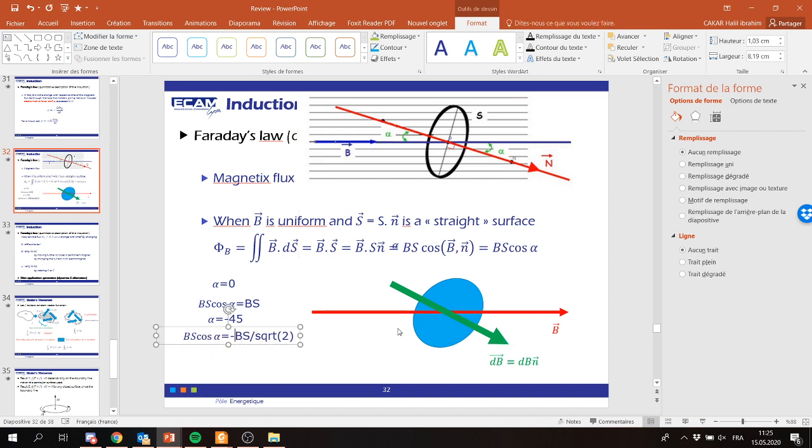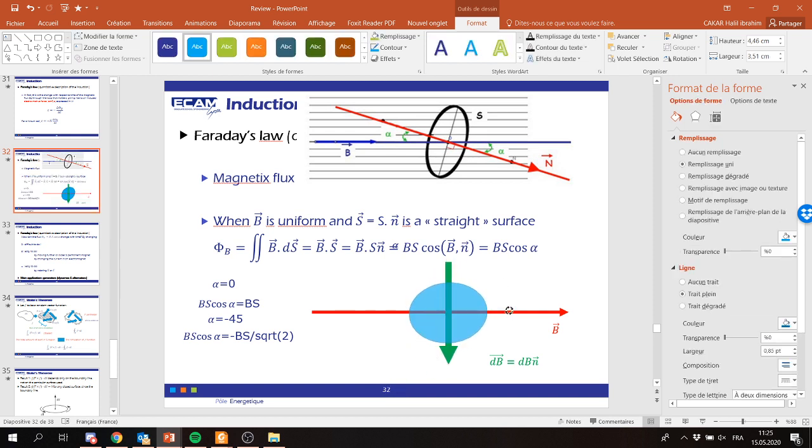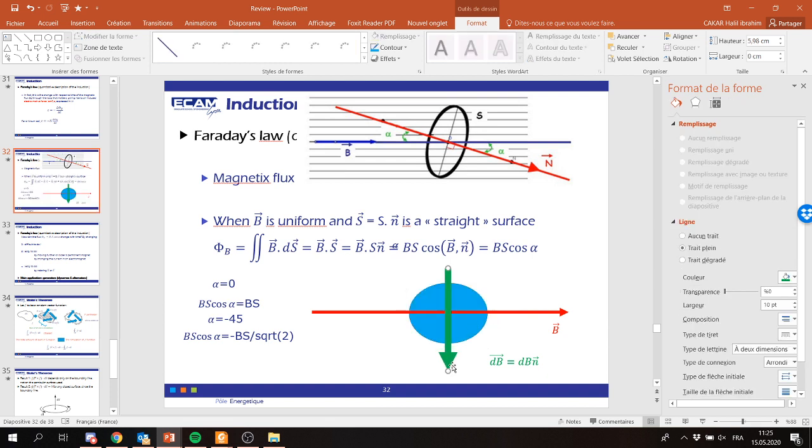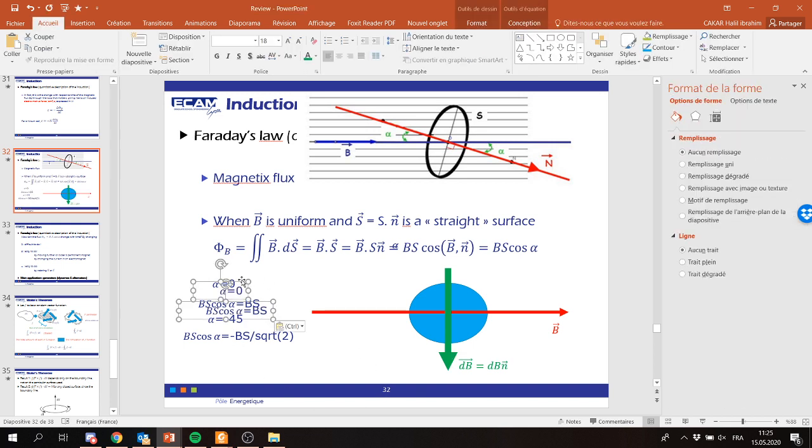And when I continue the rotation like this, again the unit vector is always orthogonal to the surface. This is the point I think you have difficulty understanding. So when it becomes 90 degrees, then it will become 0.